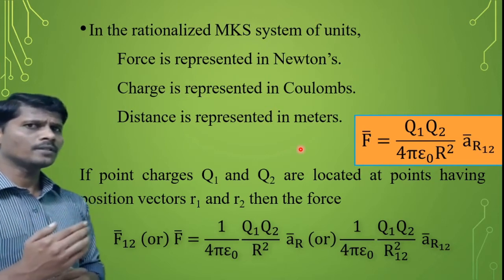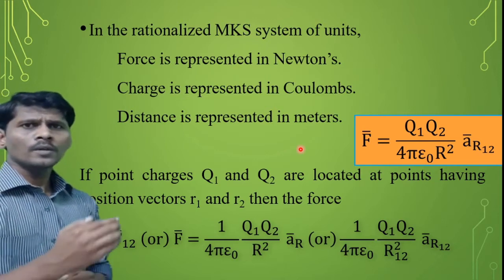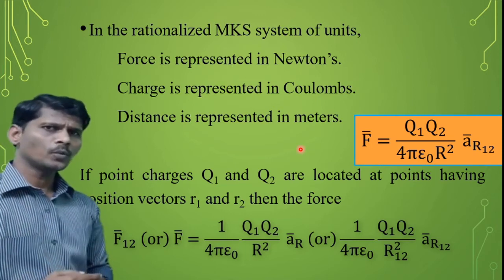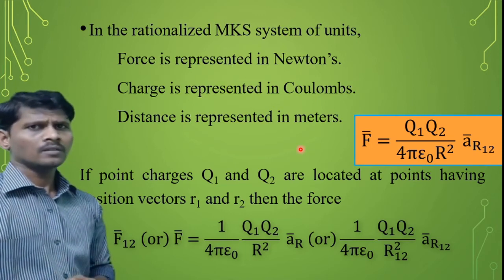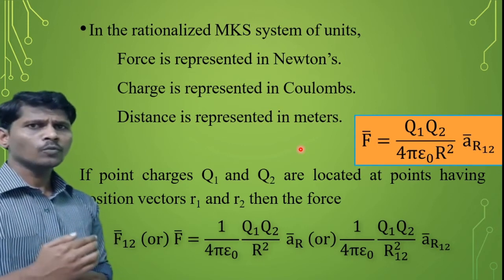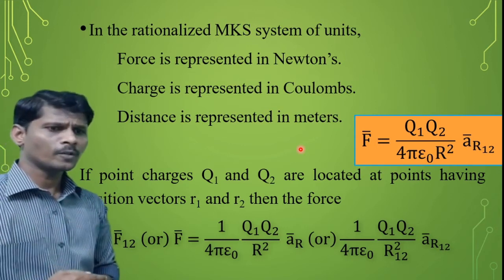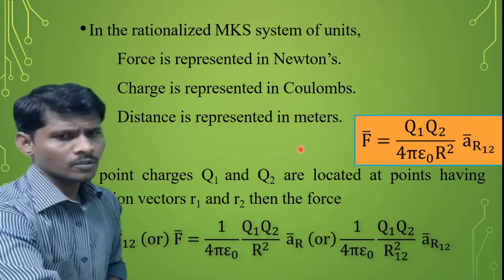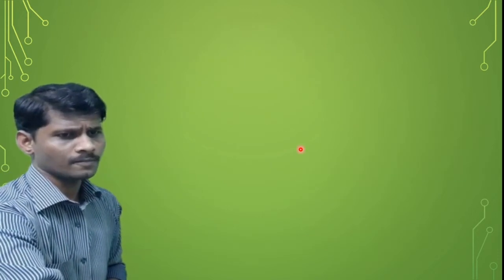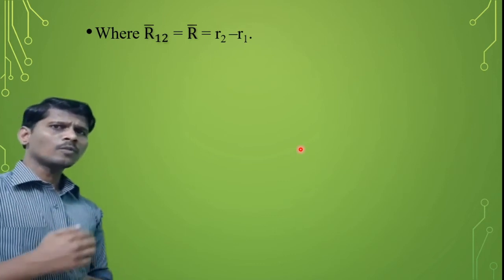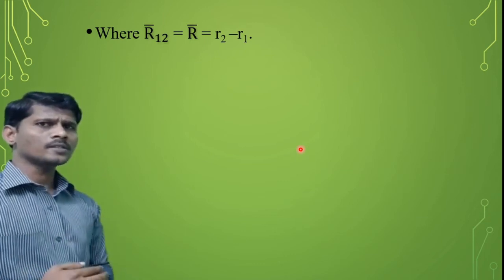After substituting the K value, we have Q1 Q2 by 4 pi epsilon naught R12 square into AR12 bar. So that is the force equation, where R12 bar is equal to R2 minus R1.